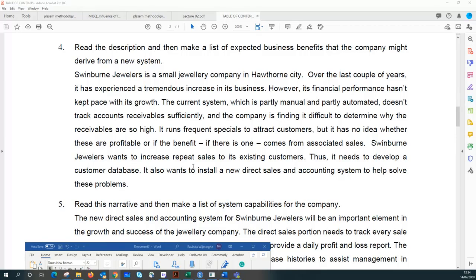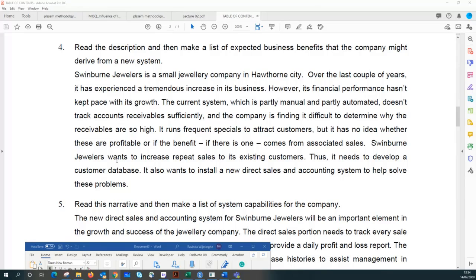Swinburne Jewelers wants to increase repeat sales to its existing customers, right? Thus, it needs to develop a customer database. That is a requirement. It's obvious, right? One of the main reasons they can't do this is that they don't have appropriate technologies in place to analyze their customers' behaviors, how their buying pattern works, how their payment works.